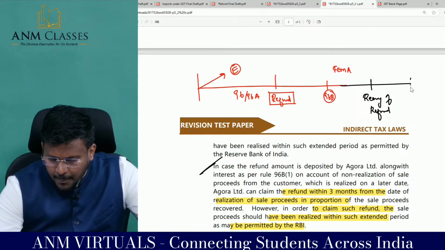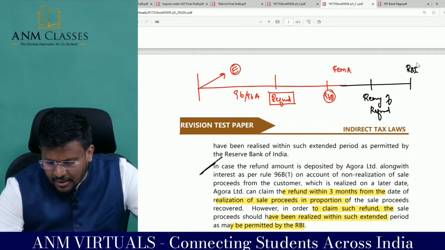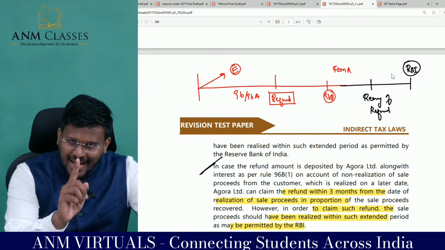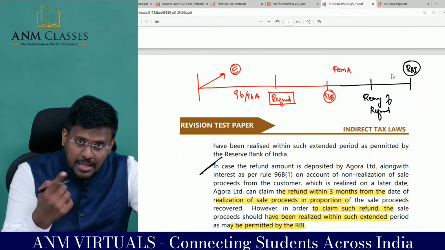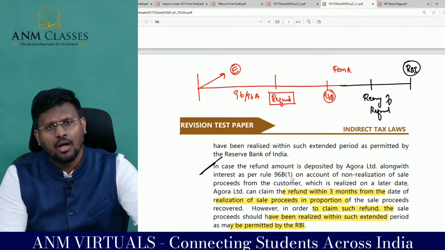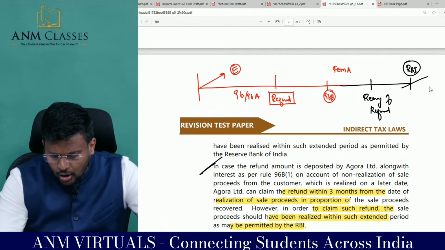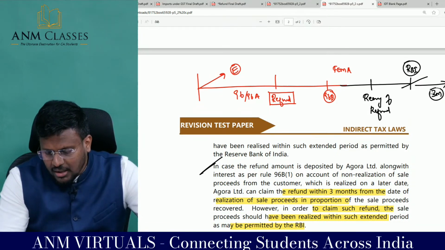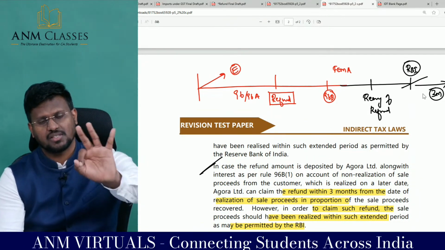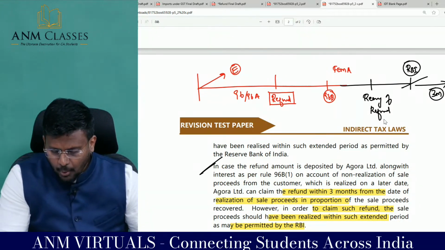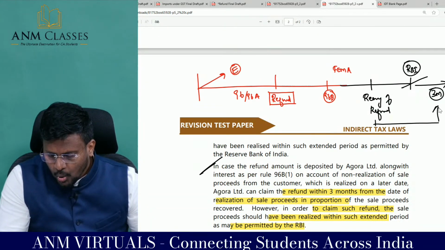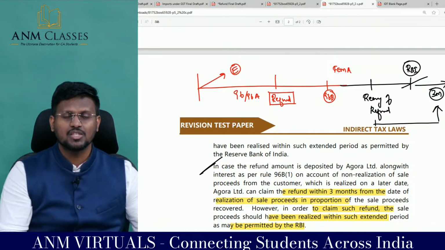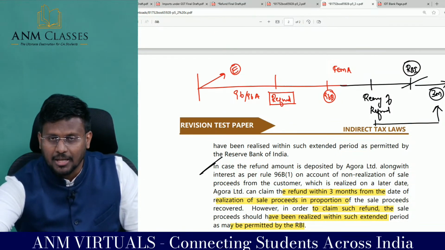And sir, RBI is saying that we will set a time limit. Within that time limit, if you are ready to repatriate that money to India, then from the date of repatriation, you can come and cry before us within 3 months. Then whatever amounts are recovered from you, we are ready to refund to you. This is what is covered in Rule 96B.